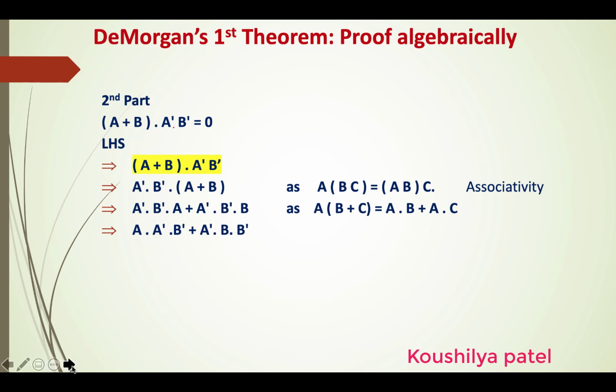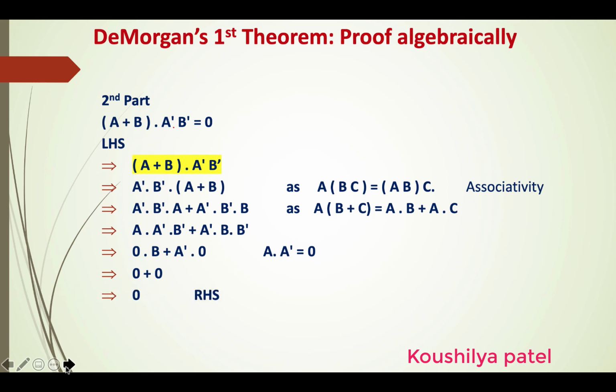Now again we only change the position. As we know, A into A complement and B into B complement become 0. So we get 0 dot B complement plus A complement into 0, and multiplying 0 with any operand gives 0. So we get 0 plus 0, and 0 plus 0 is again 0.